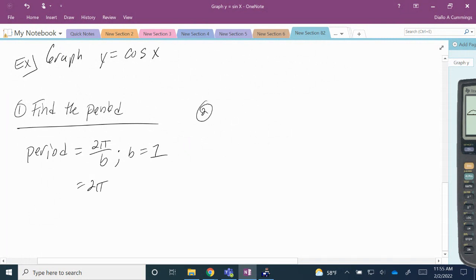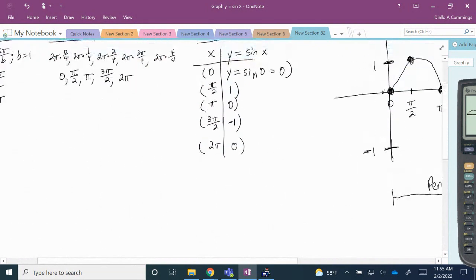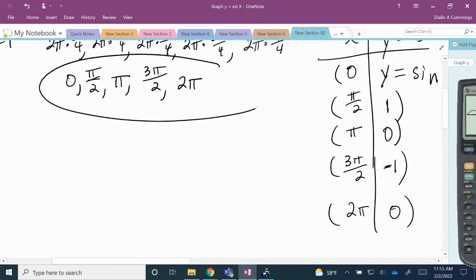Next thing we do is we quarter the period. Right. So since our period is 2 pi, the same as in the previous example, here are the values for x we're going to use. 0, pi over 2, pi, 3 pi over 2, and 2 pi.